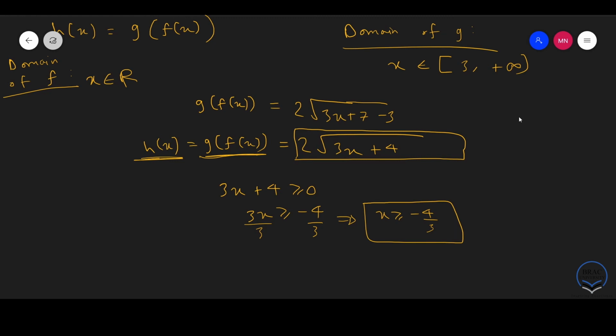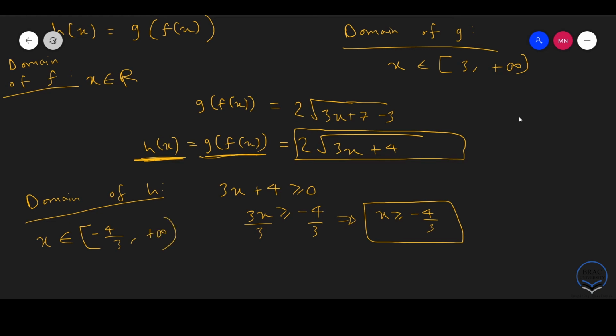Right, so our function h of x is defined when our values of x is greater than or equal to minus 4 by 3. So the domain of h is just the values of x, which is an element of the interval starting from minus 4 by 3 up to positive infinity.